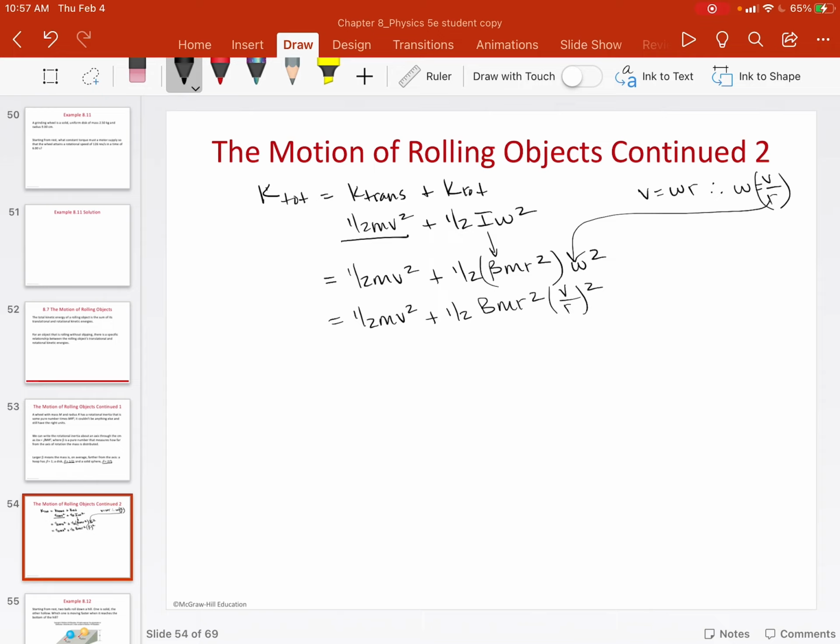Well, look what happens. You've got beta m r squared, and you have to square both of these, so you've got v squared over r squared. What happens to the r squared? It cancels. So you have 1/2 mv squared plus 1/2 beta mv squared.